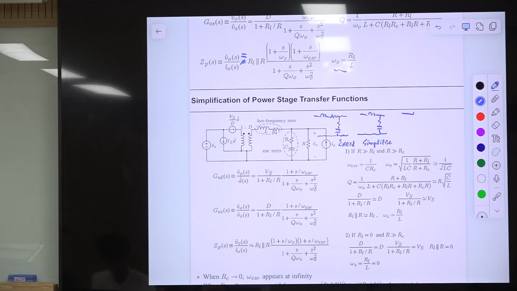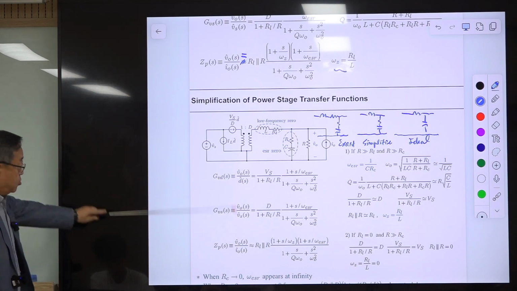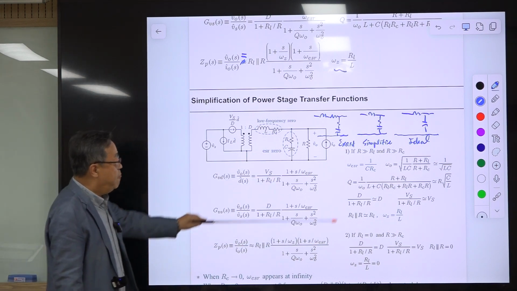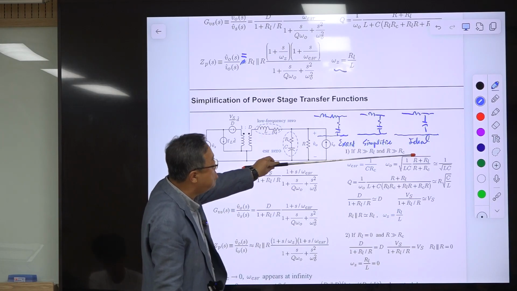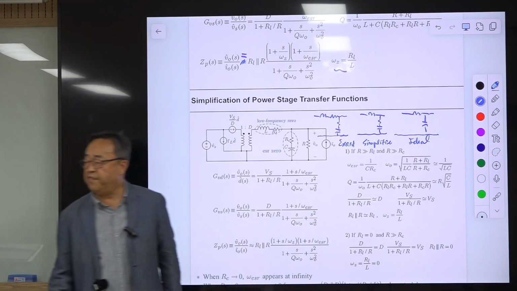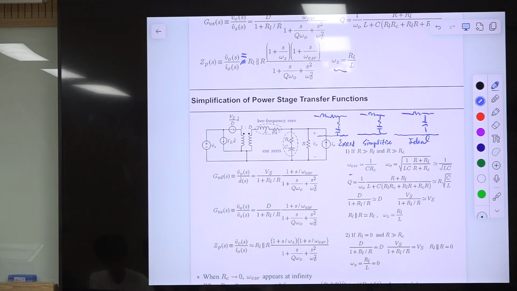Sometimes I use this for purely theoretical discussions, which is the ideal component. So this is the exact expression, if this condition is valid, and this is always valid. Then use omega naught and the quality factor, and the low frequency scale is their approximation, and this one is exact.